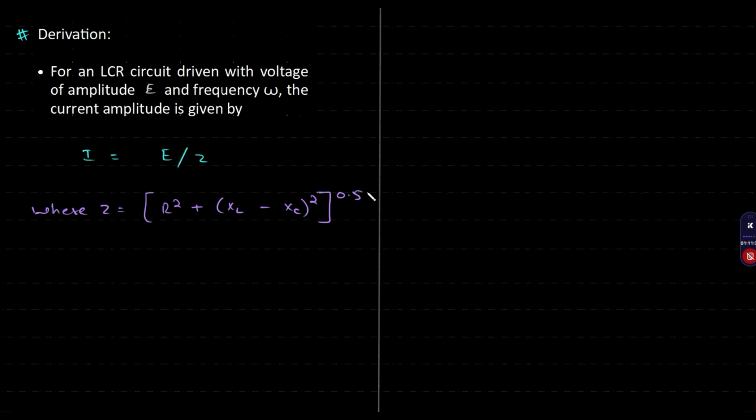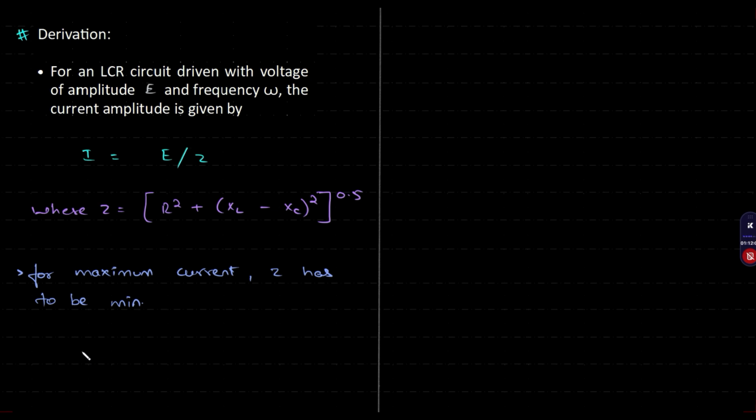Now, for maximum current, Z has to be minimum.